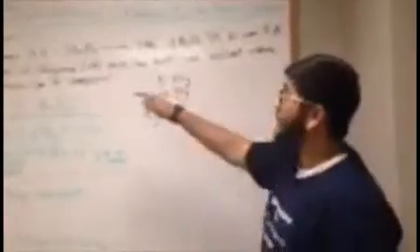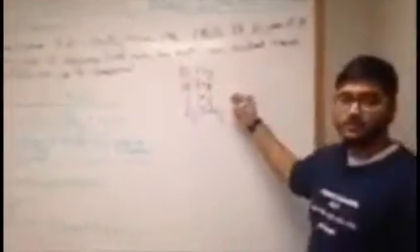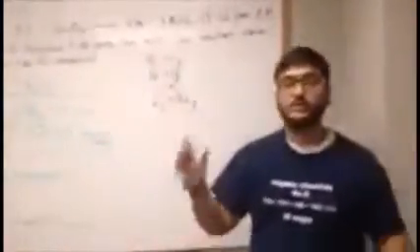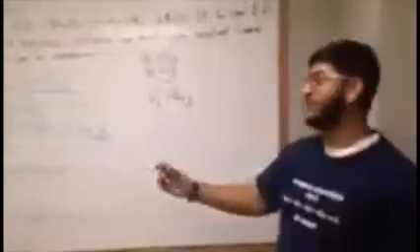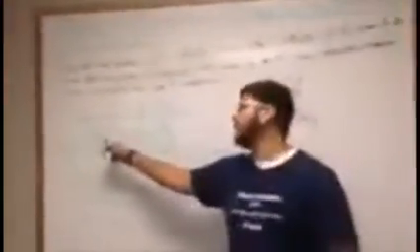But the question asks how much excess reactant remains, and they want the answer in grams. So we have it in moles. The way we convert moles into grams is that we use the molecular weight, grams per mole, and multiply it with the moles in order to find grams. We already know that the molecular weight of aluminum is 26.98 grams per mole.